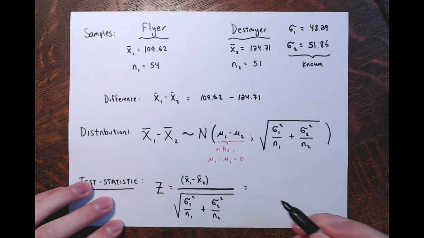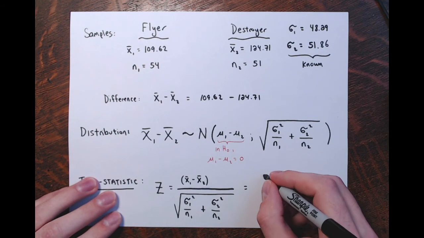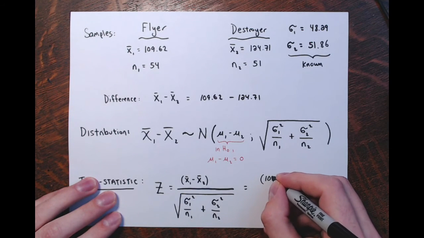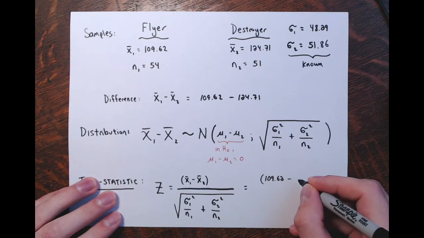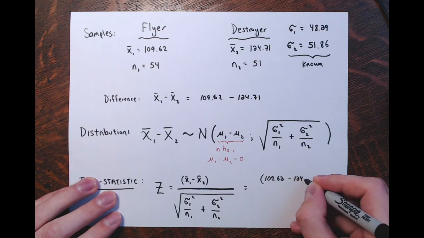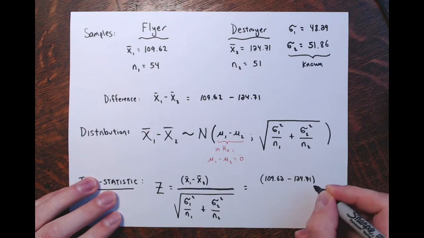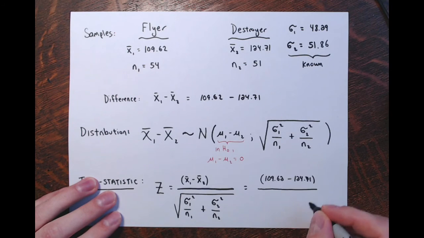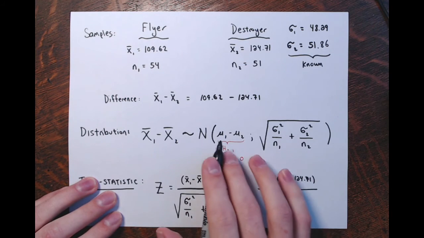So I'm going to put in the numbers involved here. Your numerator is 109.62 minus 124.71. There's the difference between our sample means. And then how many standard deviations is that away from 0, away from the middle of this normal distribution?